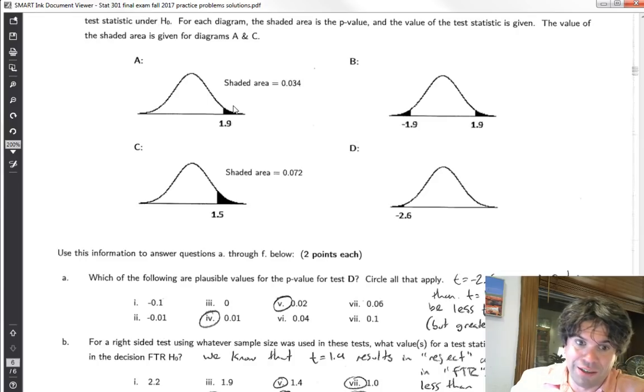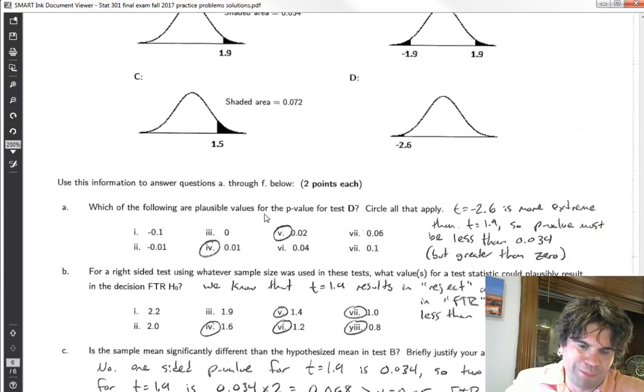Sometimes it's extraordinarily small because my test statistic is way out here. You can come up with some ridiculous case in which it is, but we've never seen that. Then I've got realistic looking values for p-values such as 0.01, 0.02, 0.04, 0.06, and 0.1.